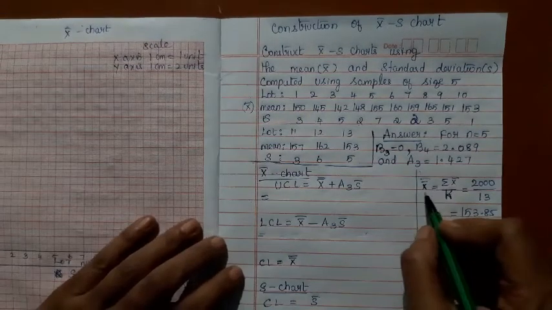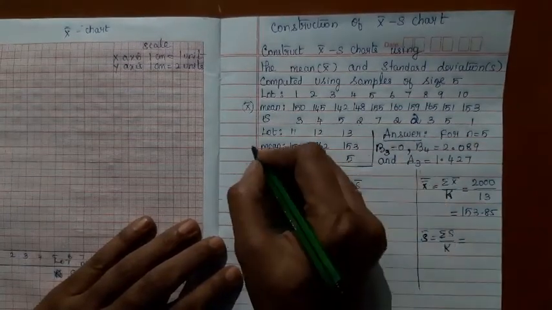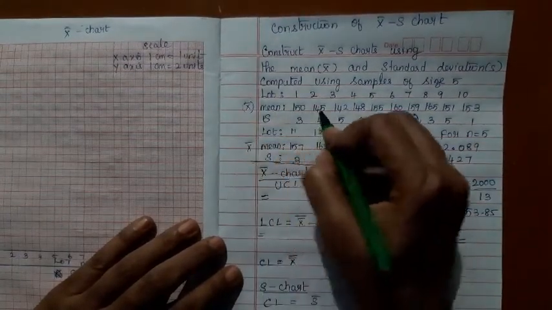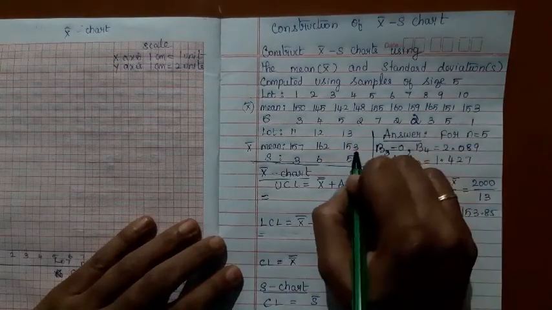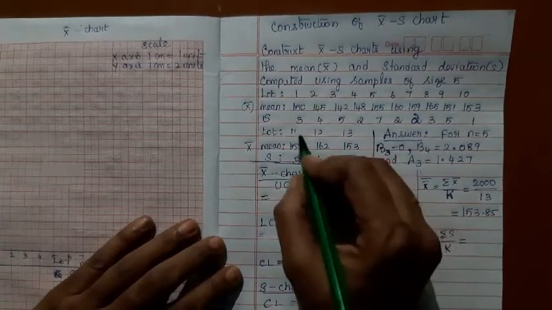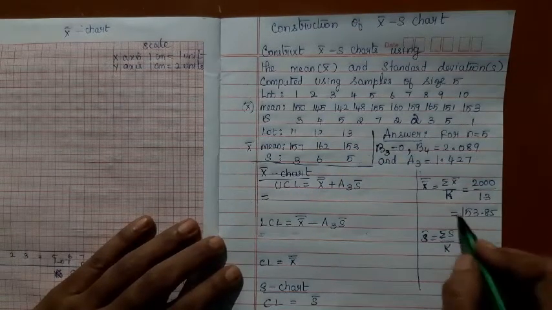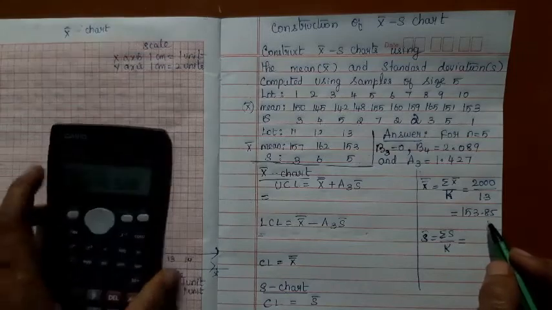Then we need X bar bar. I have calculated the total of the means, 150 plus 145 plus 142 up to 153, which gives me 2000, divided by 13. Why 13? 13 lots are there, you have added 13 observations. So the answer is 153.85.